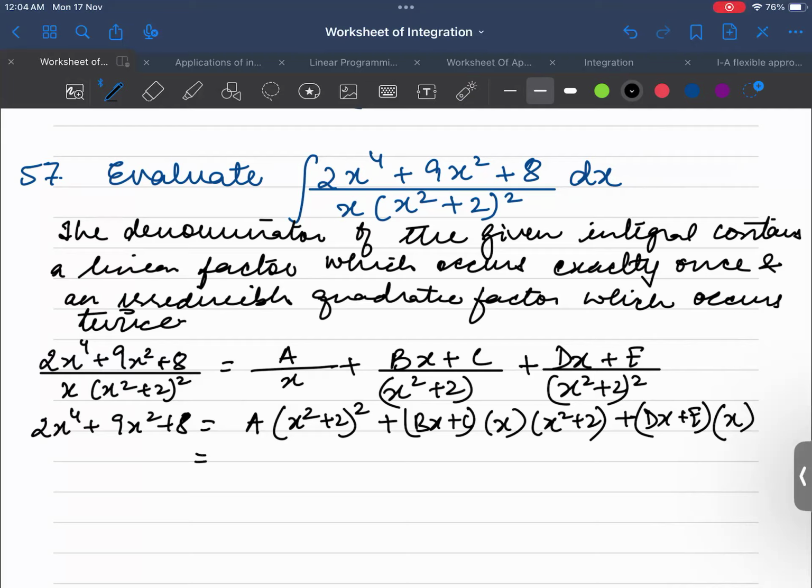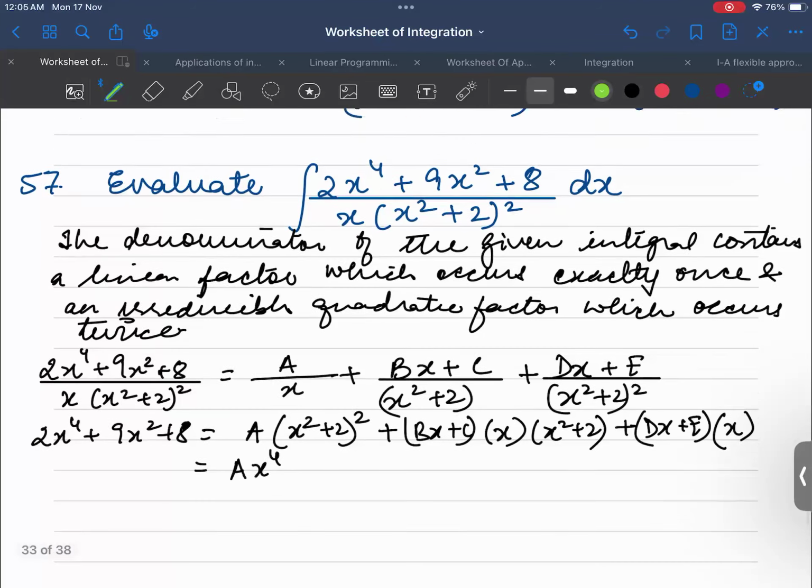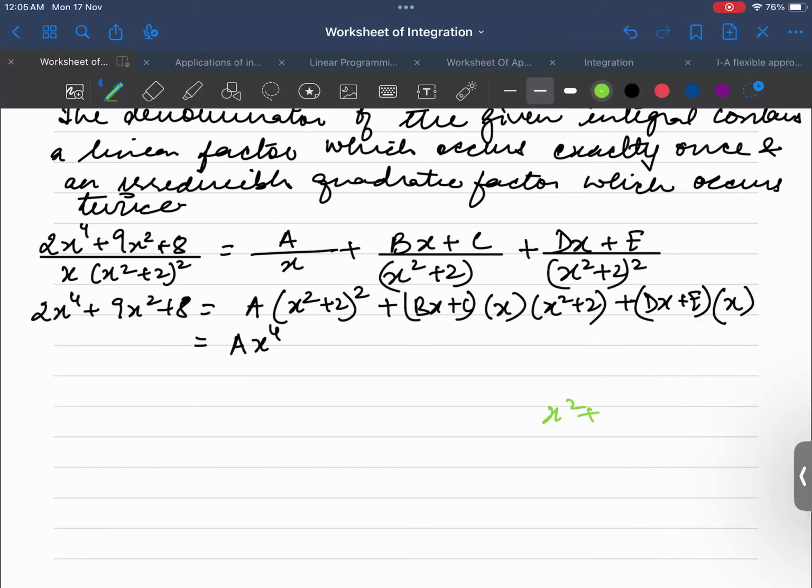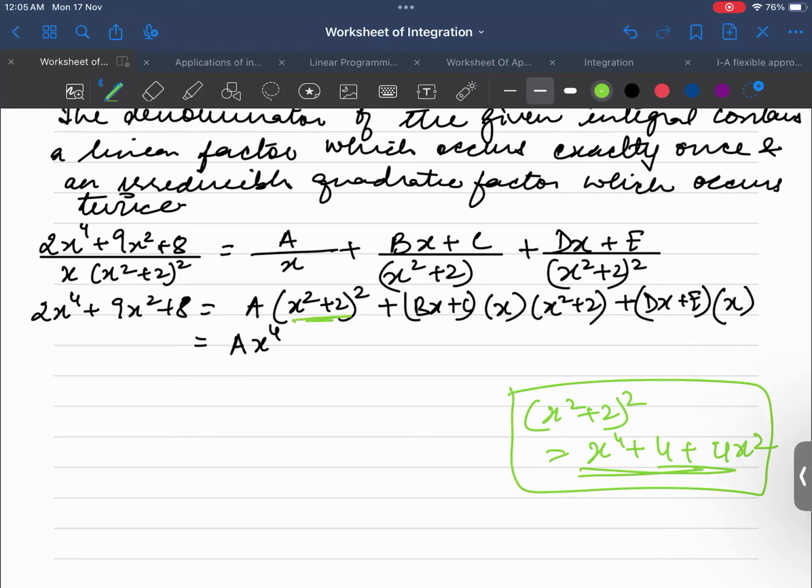Now open it and solve. It would be ax power 4, because when we solve x square plus 2 whole square, it would be x power 4 plus 4x square plus 4. When we open it, it would come like this. So I am solving it directly.